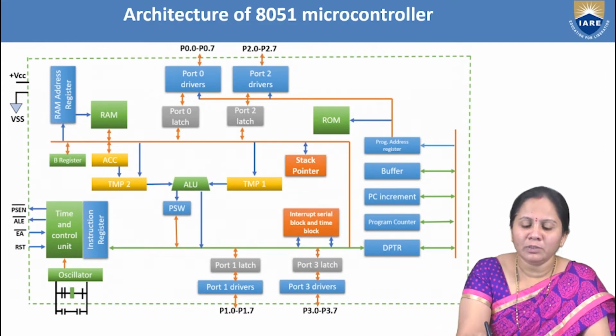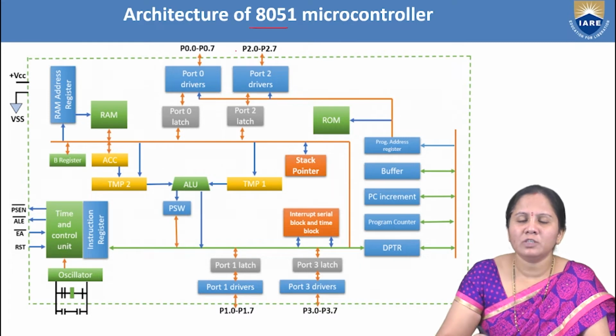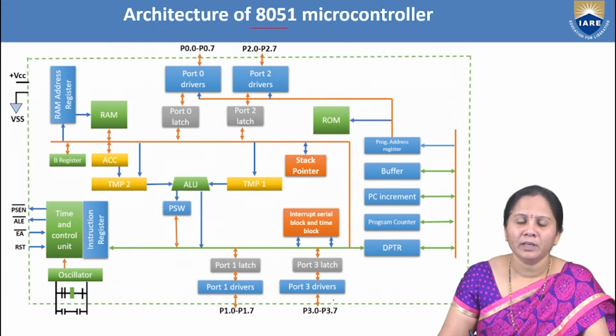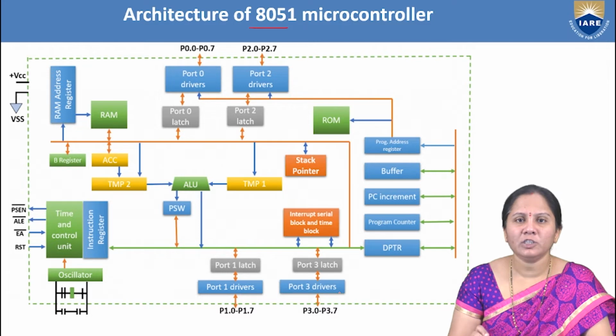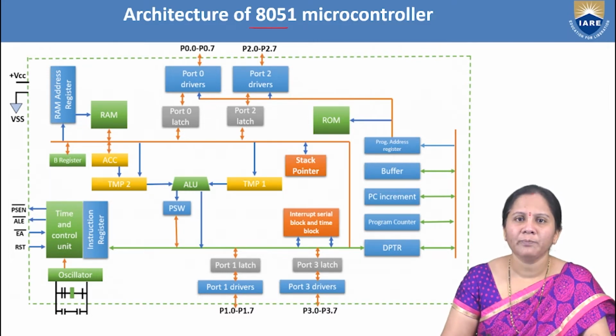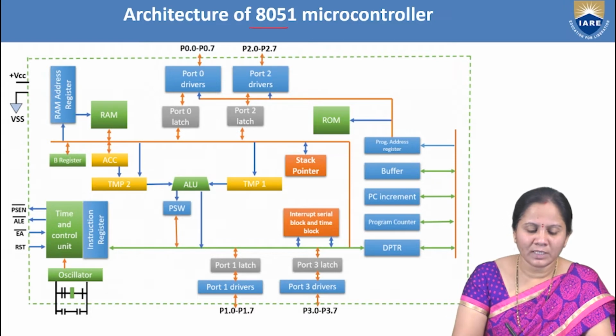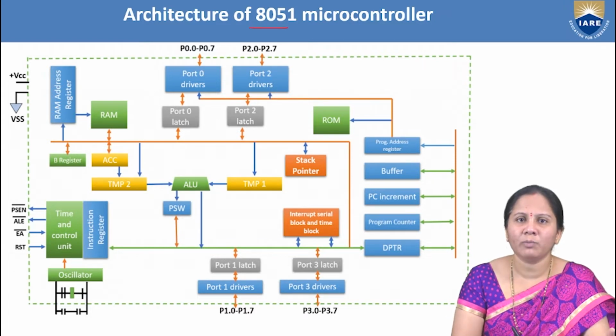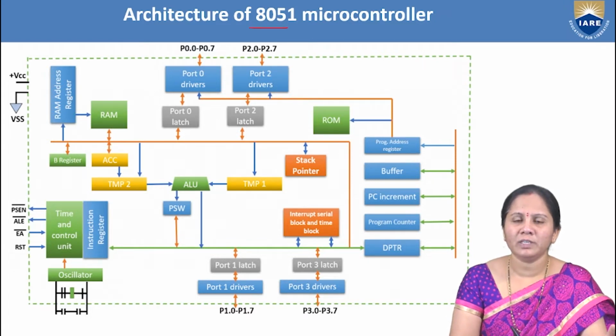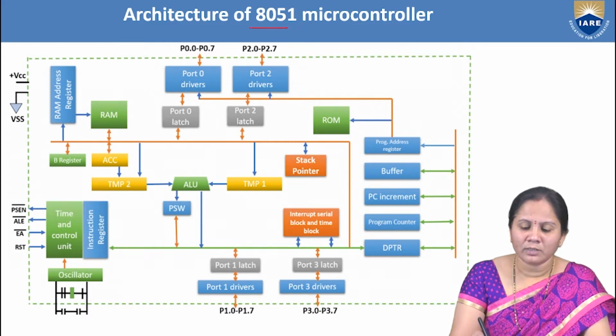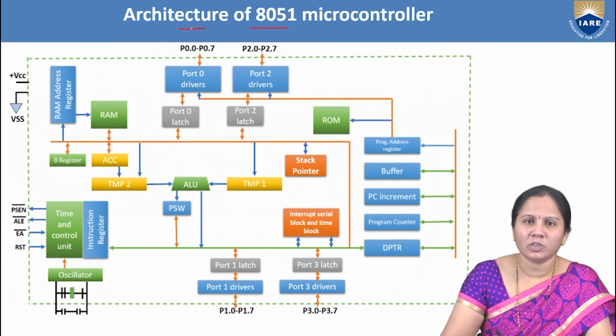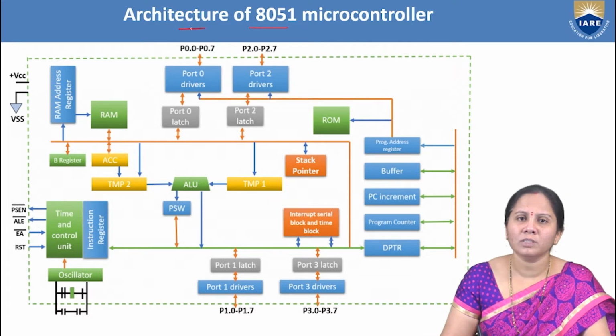Now coming to the architecture of the 8051 microcontroller, which consists of different blocks. In the previous session we discussed the pin configuration of the 8051 microcontroller. Now let us see what blocks are available in this architecture.